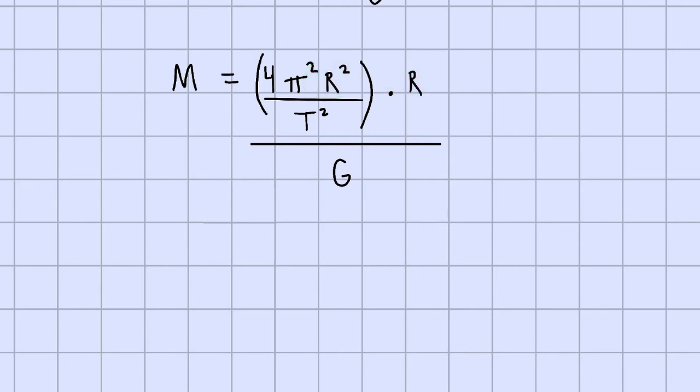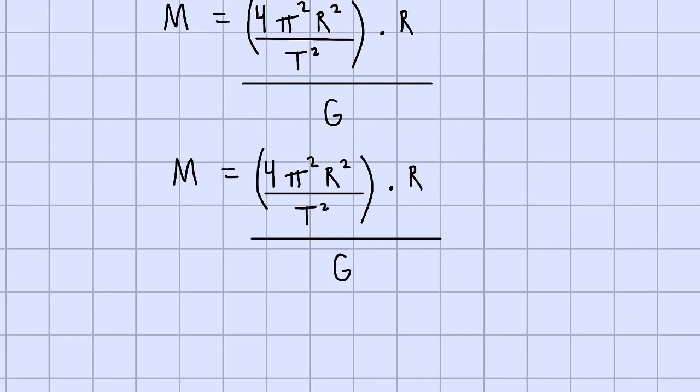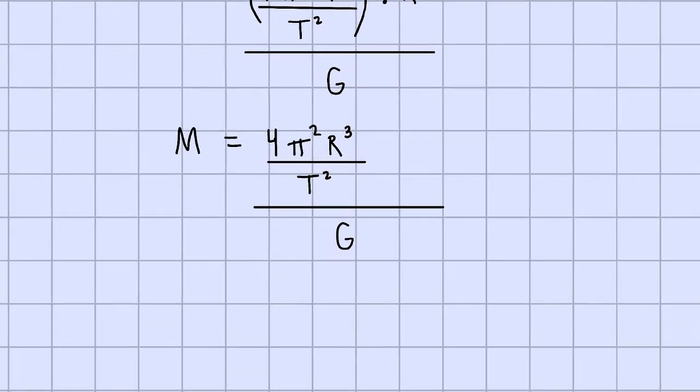So this just becomes r cubed. And I'll get rid of the parentheses now.